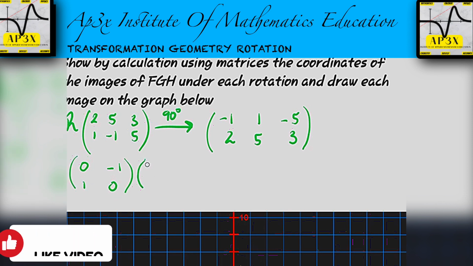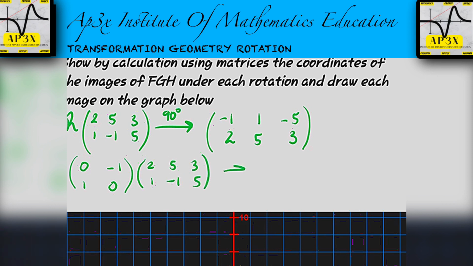And you should multiply it by 2, 1, 5, negative 1, 3, 5, going row by column. This is on the assumption that you know how to multiply matrices. Row by column will produce the same answer here: negative 1, 2, 1, 5, negative 5, 3. It will produce the same result once you go row by column, and we can check it.